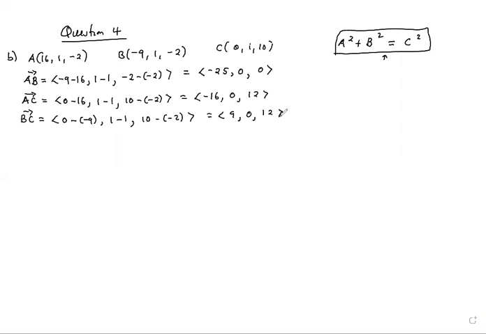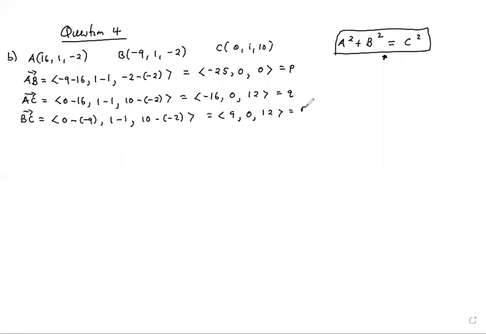Okay, we have found the vectors. Now we need to check if this is satisfied. So suppose we call this one P, suppose we call this one Q, and suppose we call this one R.